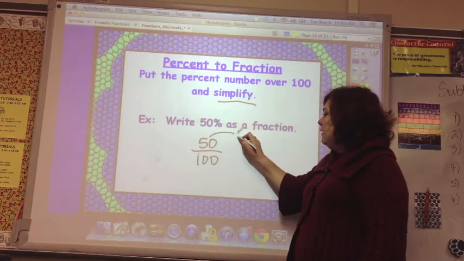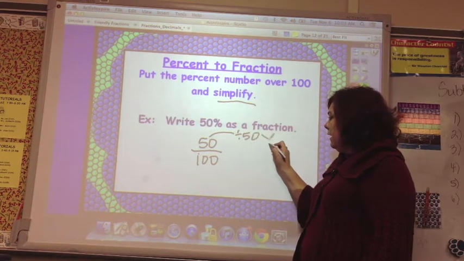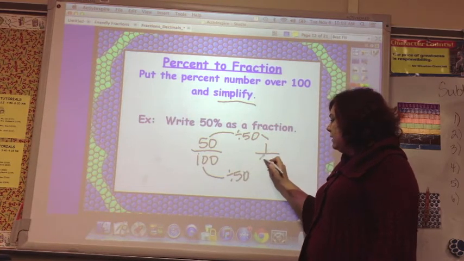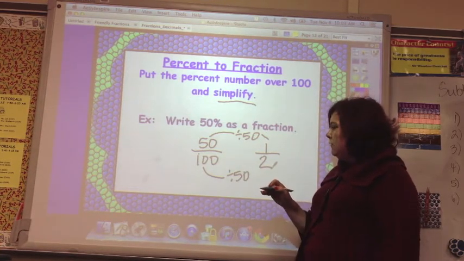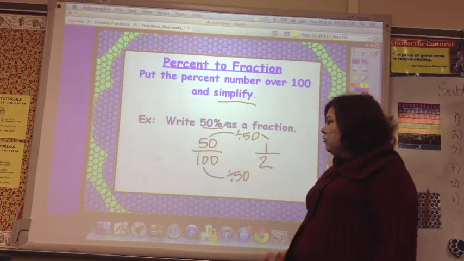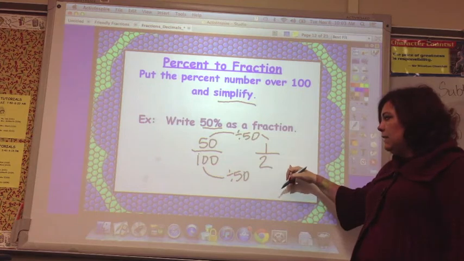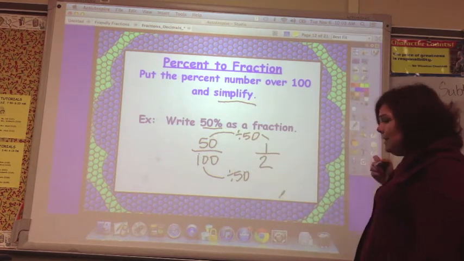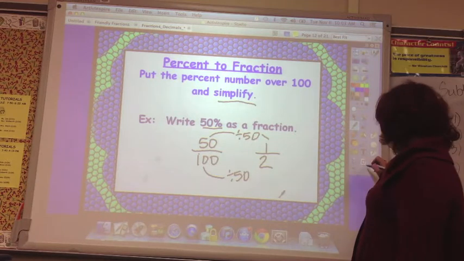You divide by 50 and get 1, and divide by 50 and get 2. So you've gone from your percent out of 100 and simplified to get a fraction. So 50% is worth 1/2. And this is instead of doing the models.